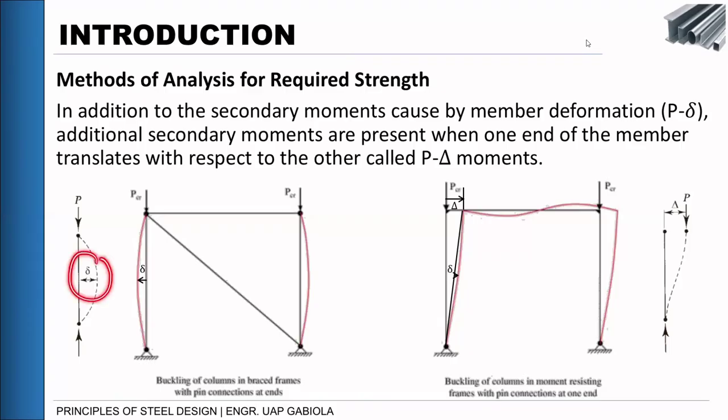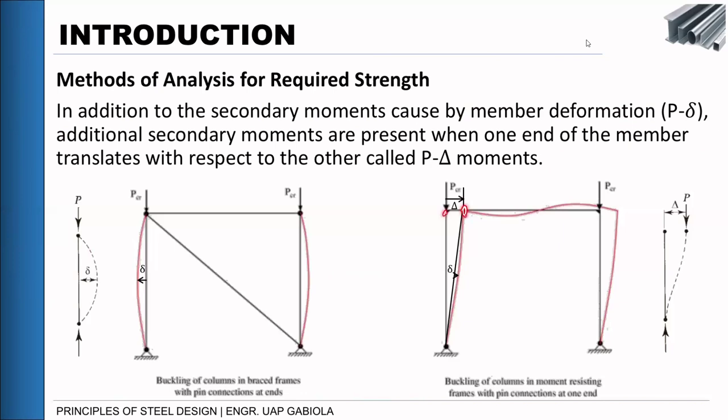Yun yung secondary niya. Now, once we have an unbraced frame, okay, unbraced, ibig sabihin the one end of our member is free to translate with respect to the other. So, pwede siyang mag-move. So yung movement caused from the original position dito, no? Pupunta do sa new position niya.